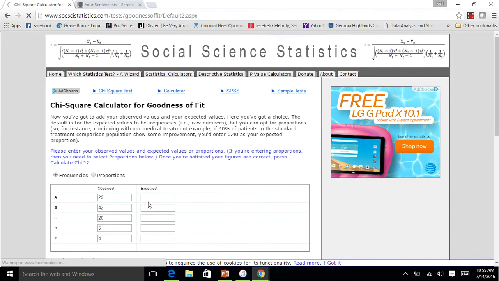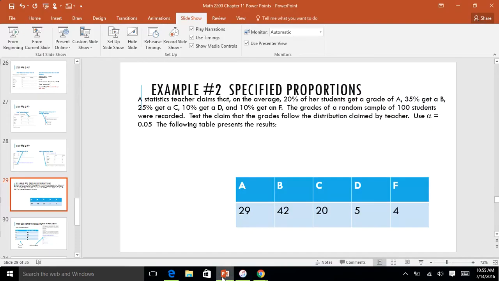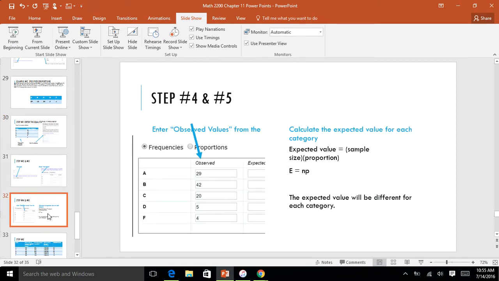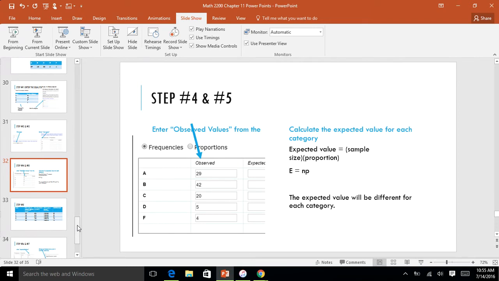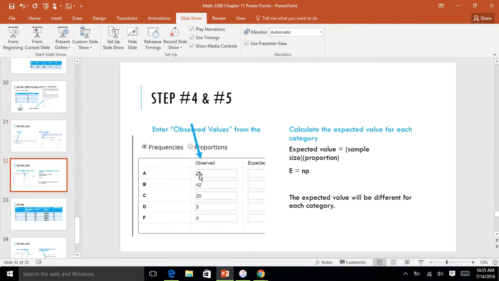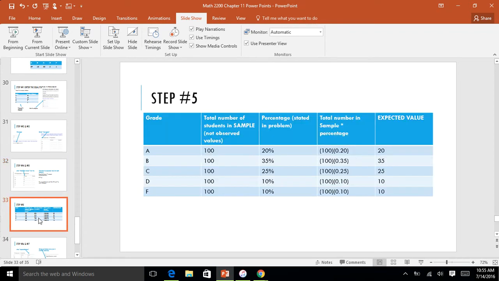Okay, my expected is going to be different. So let me go back to the PowerPoint and show you. Okay, we did that. All right, so my expected values are going to be different for this one. And here it is step by step. So my sample size, if I add them all together, 29 plus 42 plus 20 plus 5 plus 4 gives me 100.